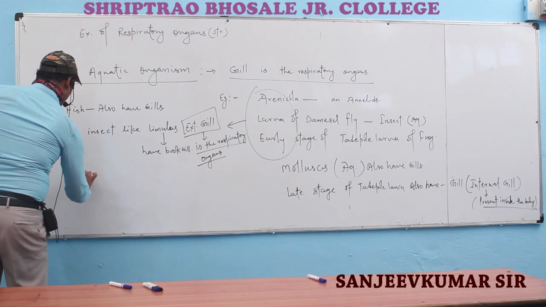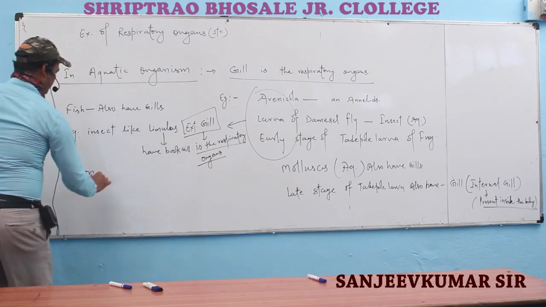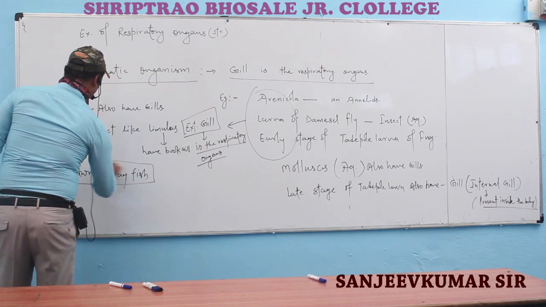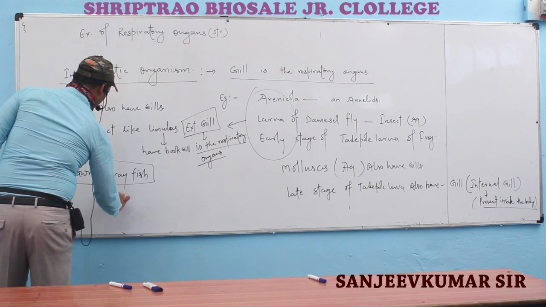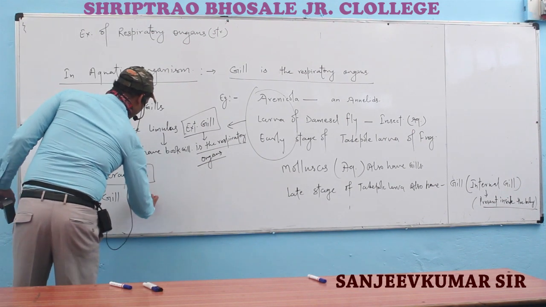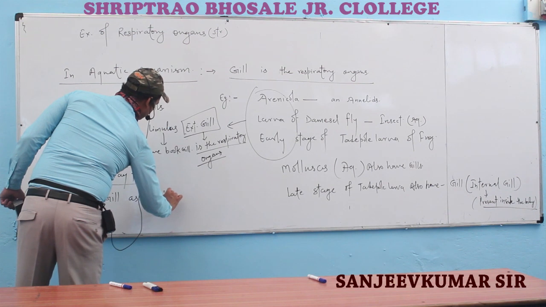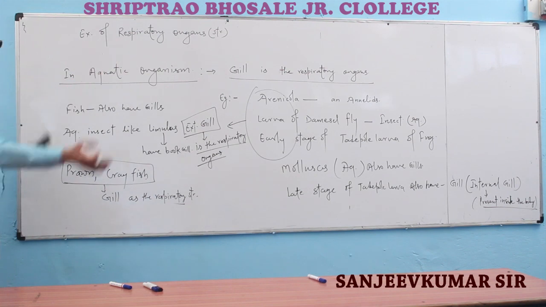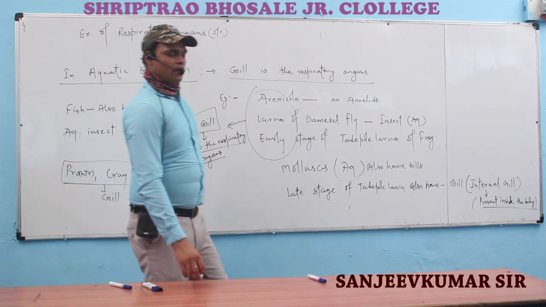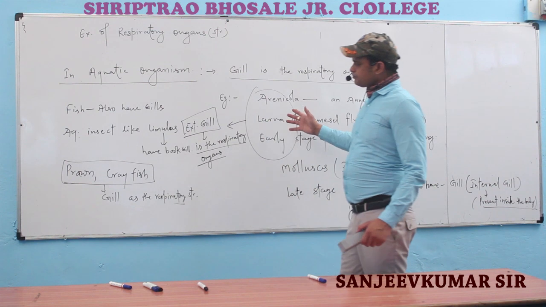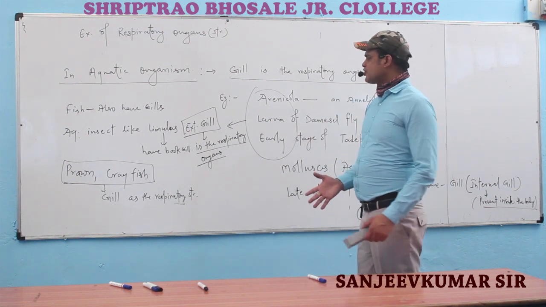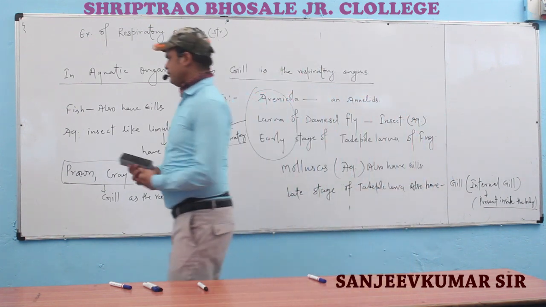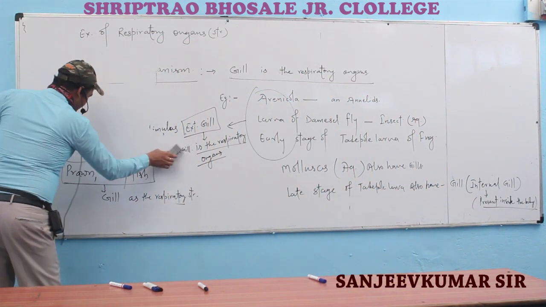Prawn, crayfish, they have gills as the respiratory structure. So these are some names you have to memorize, because when you are going to solve a question, these come in your choices. So be careful. Now, next.